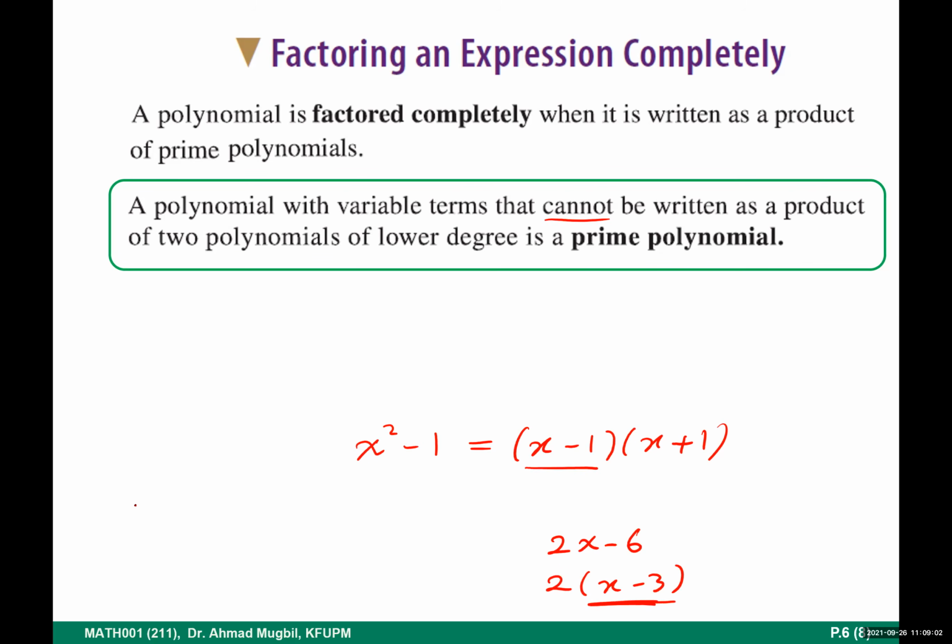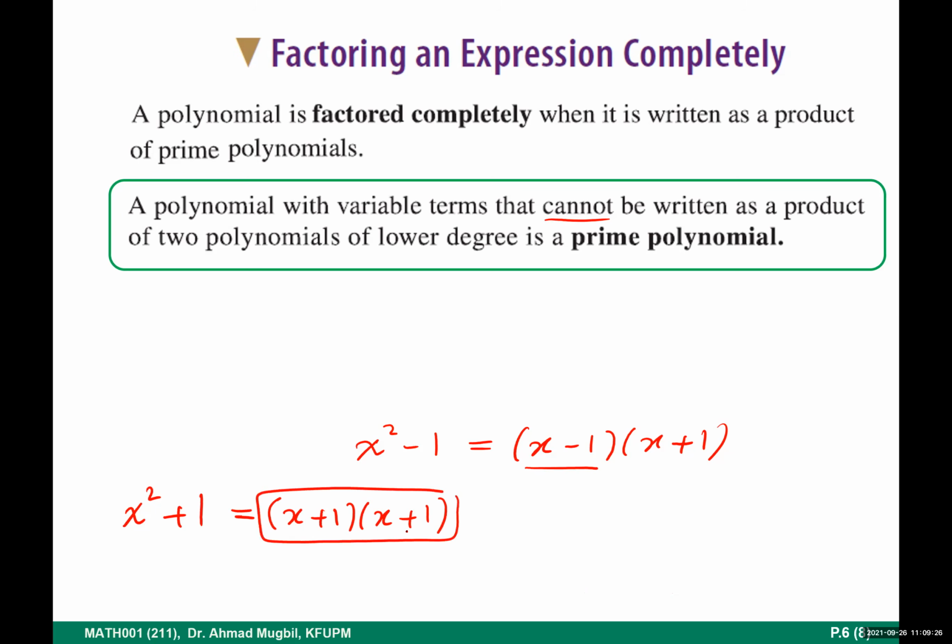Okay? Is x squared plus 1 a prime polynomial? No. Yes. No. Why? You can't say x squared plus 1 equals x plus 1 multiplied by x plus 1. Are you kidding? Are you sure about this? No, there is no factoring for sum of squares. Shabab, whatever you think about, check. Is this correct? x plus 1 times x plus 1.